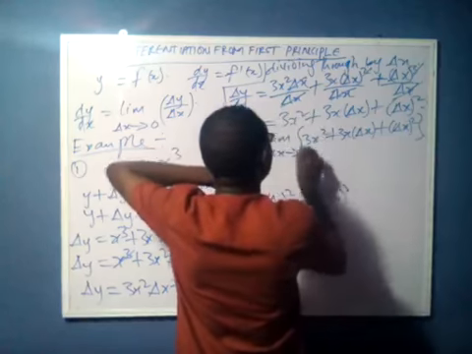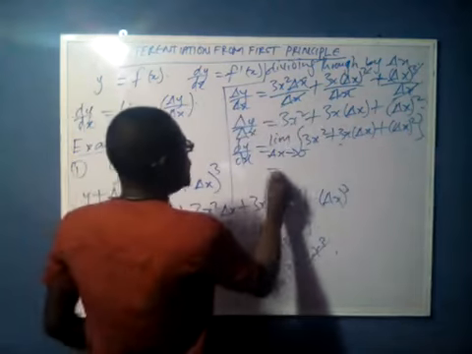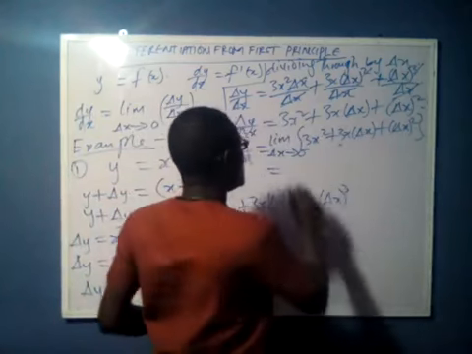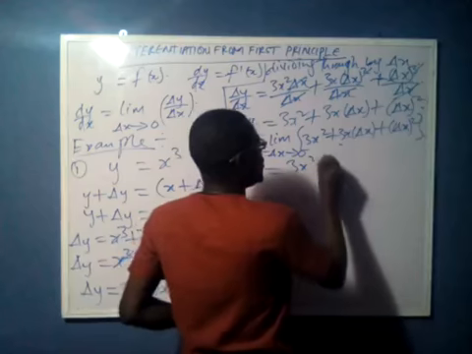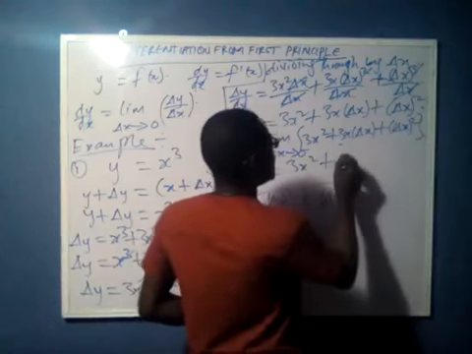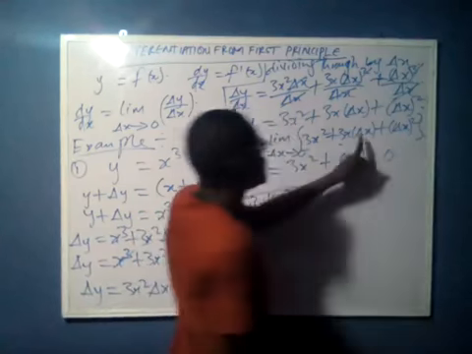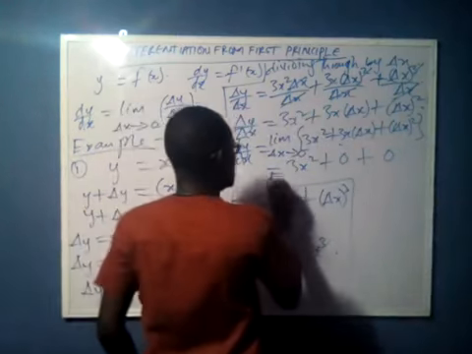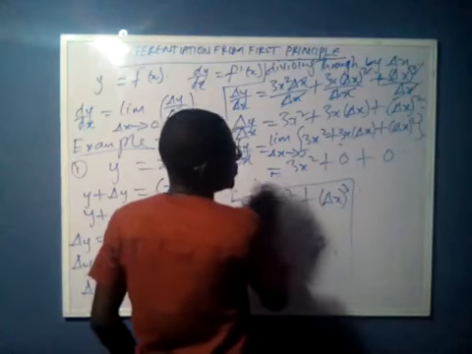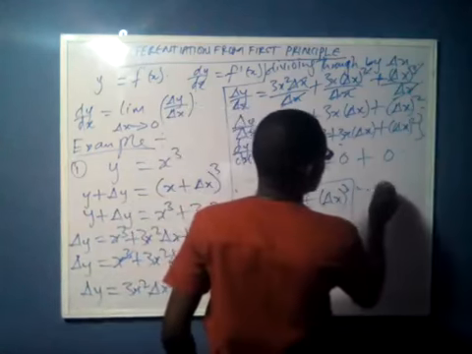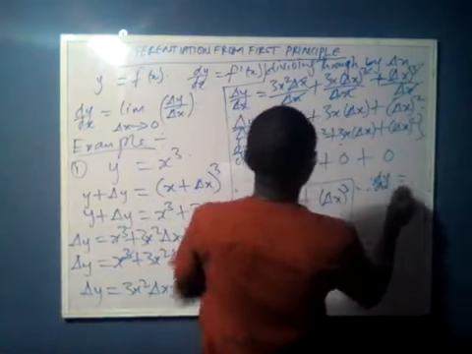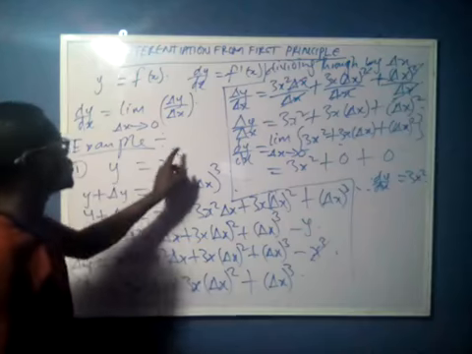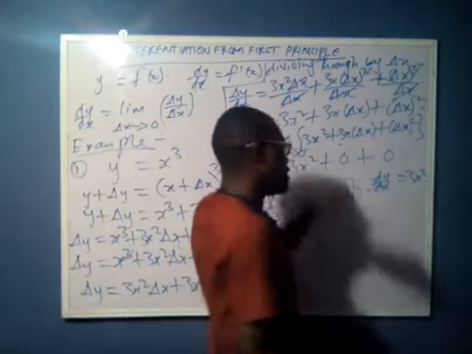Finally, if you substitute 0 for every delta x, we're going to have 3x squared plus 0 plus 0. Therefore dy/dx equals 3x squared. So since y is x cubed, dy/dx equals 3x squared.